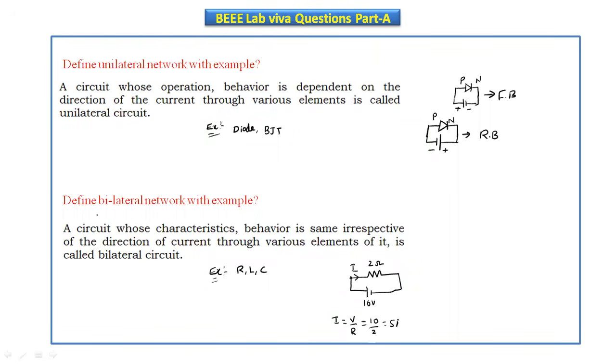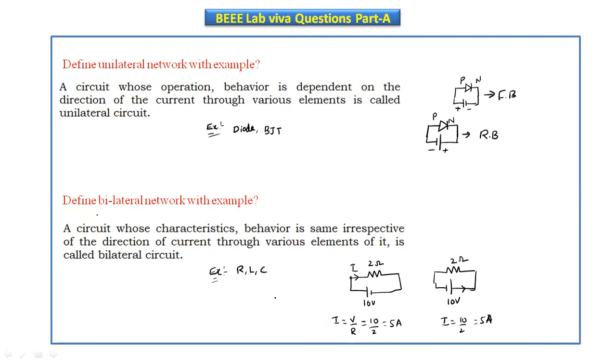We are getting 5 amperes. Suppose if the terminals are reversed, it is 10 volts. The direction of the current will change, but not the value. 10 by 2 is equal to 5 amperes only.